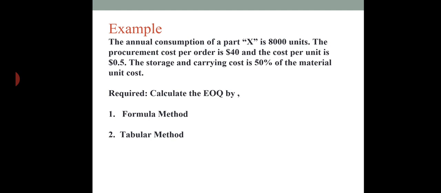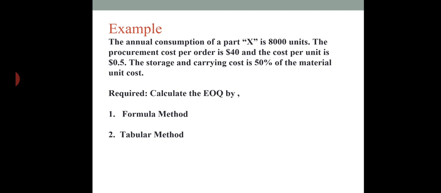In this, one example is given: the annual consumption of a part X is 8,000 units. The procurement cost, that is the buying cost per order, is $40, and the cost per unit is $0.5. The storage and carrying cost is 50% of the material unit cost.